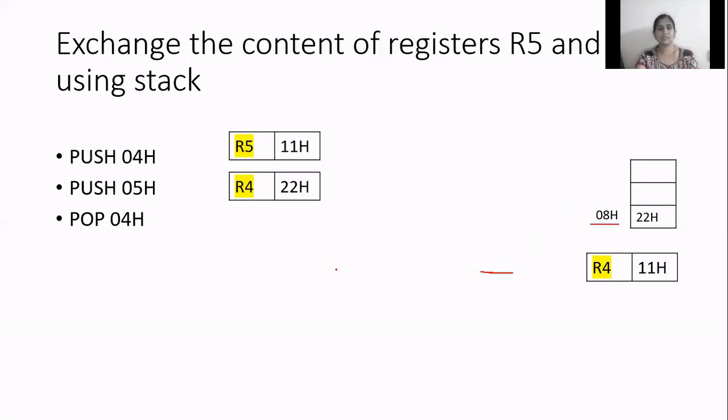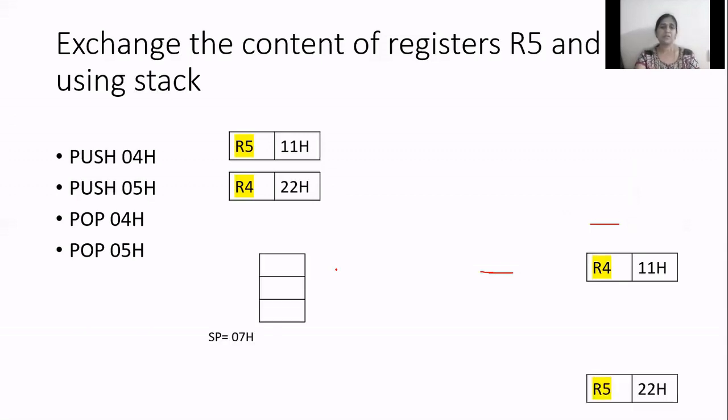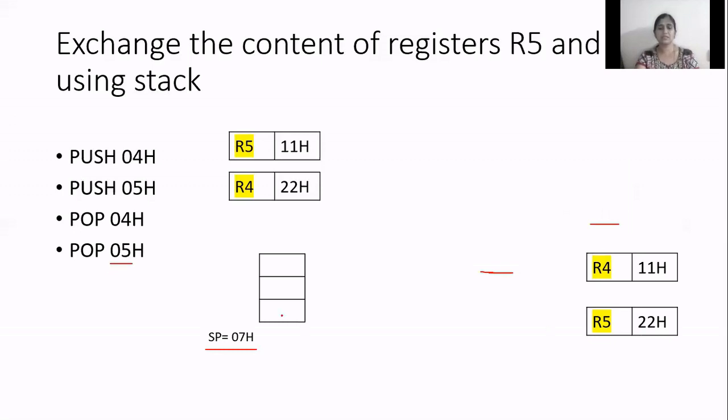The next instruction is pop 05. What happens when I say pop 05? Again, the stack pointer, which was 8, got decremented to 07, and R5, because it is pop 05, gets whatever data was there in the stack, which was 22 here. So this got retrieved to the R5 register.